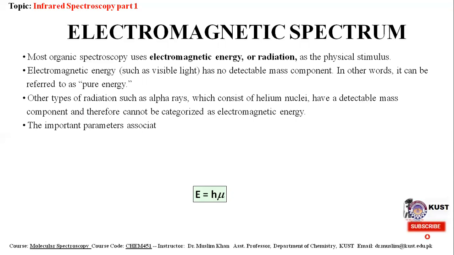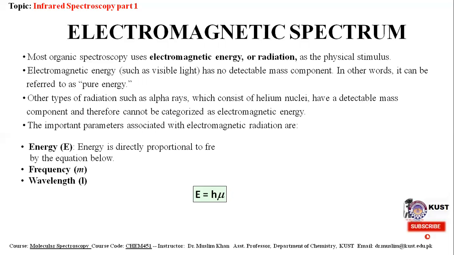The important parameters associated with electromagnetic radiation are energy, frequency, and wavelength. Energy is directly proportional to the frequency and inversely proportional to the wavelength, as in the equation below.